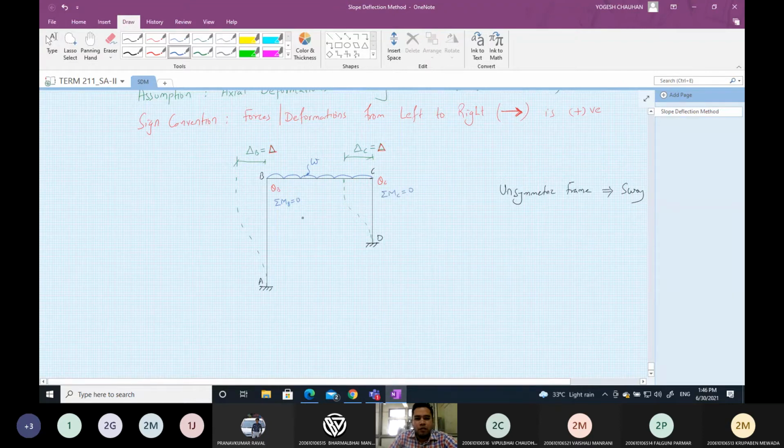So we require one more additional condition to find this sway.